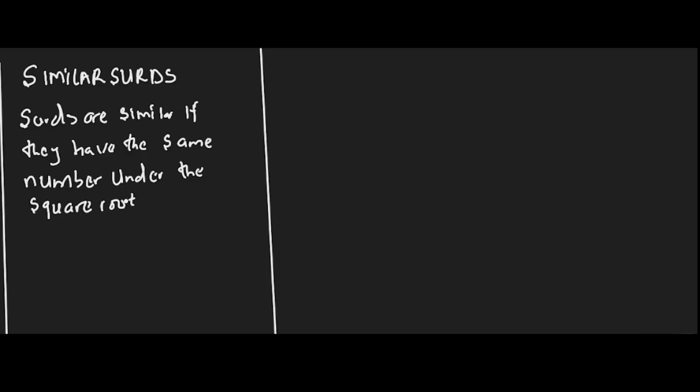Or we can say surds are similar if the rational parts contain the same number or numeral.